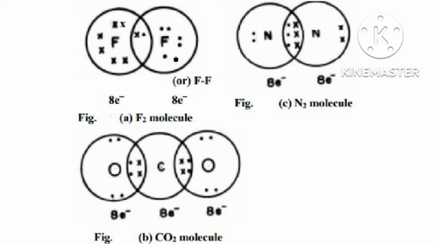And the fourth fact is actually an example. The negative and positive ions formed are stabilized by electrostatic attraction. I already told you in the beginning that negative charge and positive charge are opposite charges, so they attract each other.